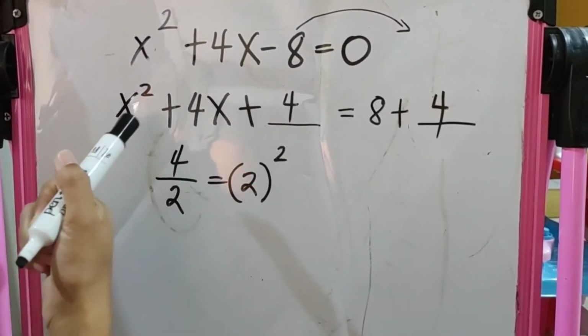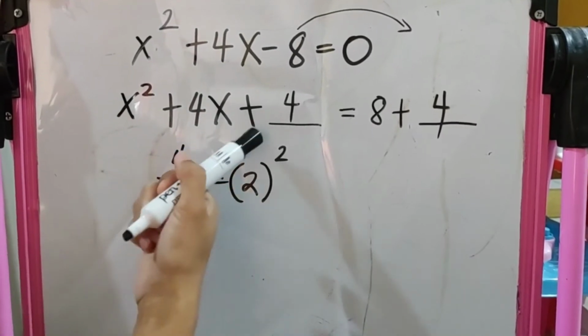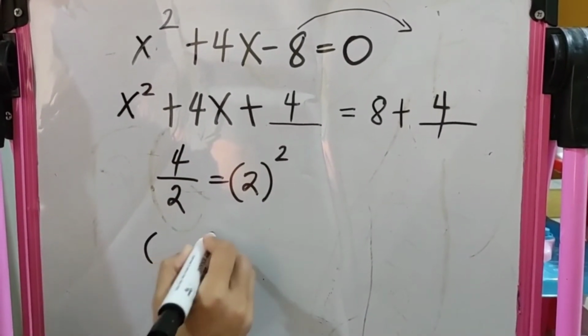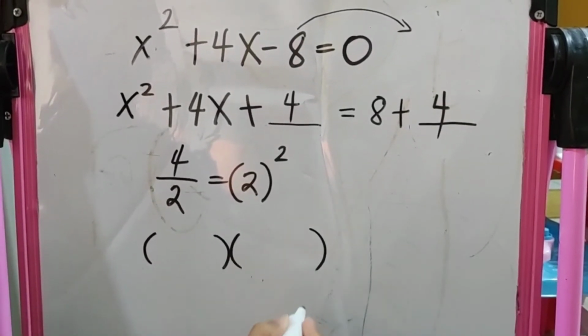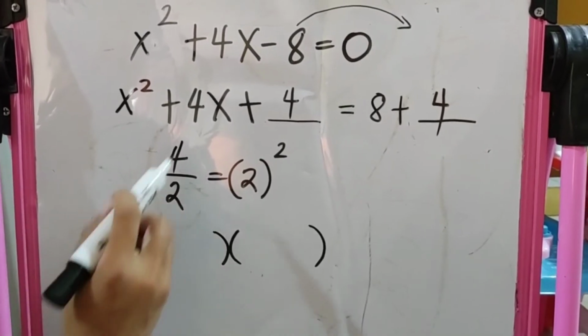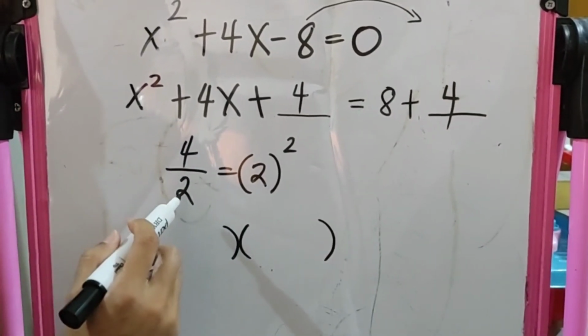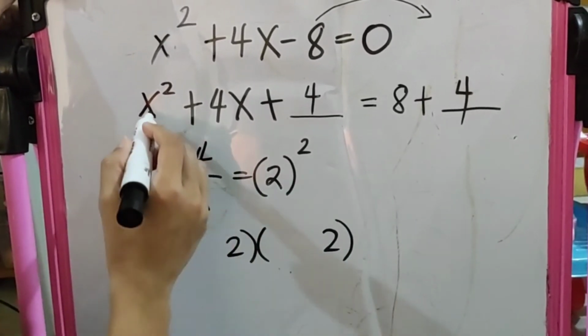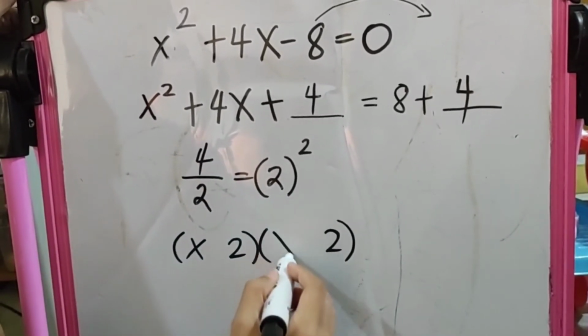Now, we will express x squared plus 4x plus 4 as a square of a binomial. So again, as I have said a while ago, whatever you got when you divide the numerical coefficient of the linear term by 2 would be our second term, which is 2. And then we have x.